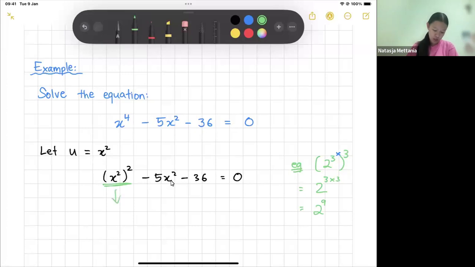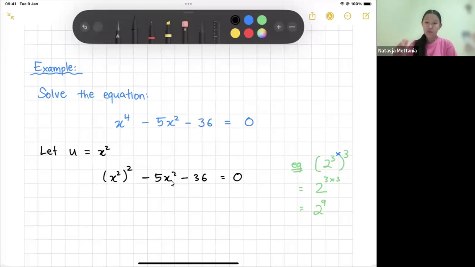If we double check, my base is x, that stays the same. Then I multiply 2 times 2, and that gives me 4. That's how I got it. I'm using my indices law in this method as well.